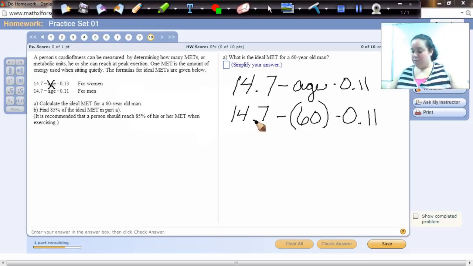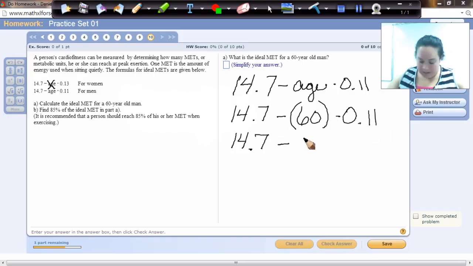So first of all, let's do 60 times 0.11. Remember our order of operations. Order of operations tells us to do multiplication first. So negative 60 times 0.11 is negative 6.6.